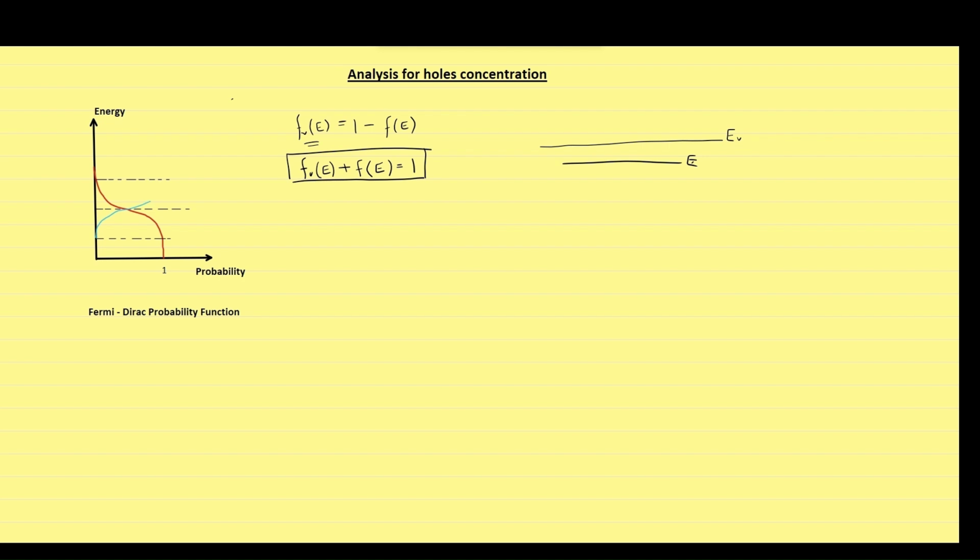Now, we try to draw a rough plot of the function Fv. This blue line is representing the function Fv, whereas the red line is representing the Fermi-Dirac function F. Now, we will do the same analysis for holes which we have done for electrons. We have density of states in conduction band to be equal to.